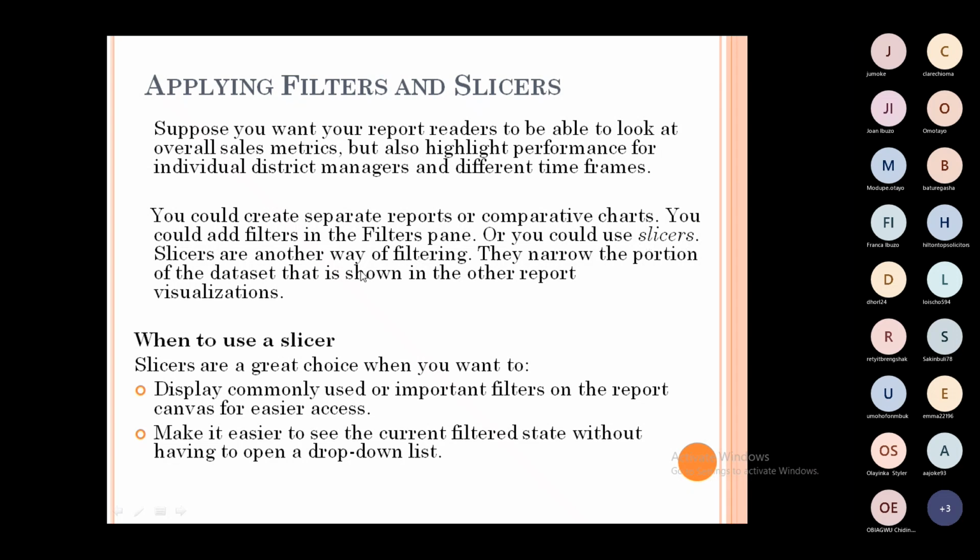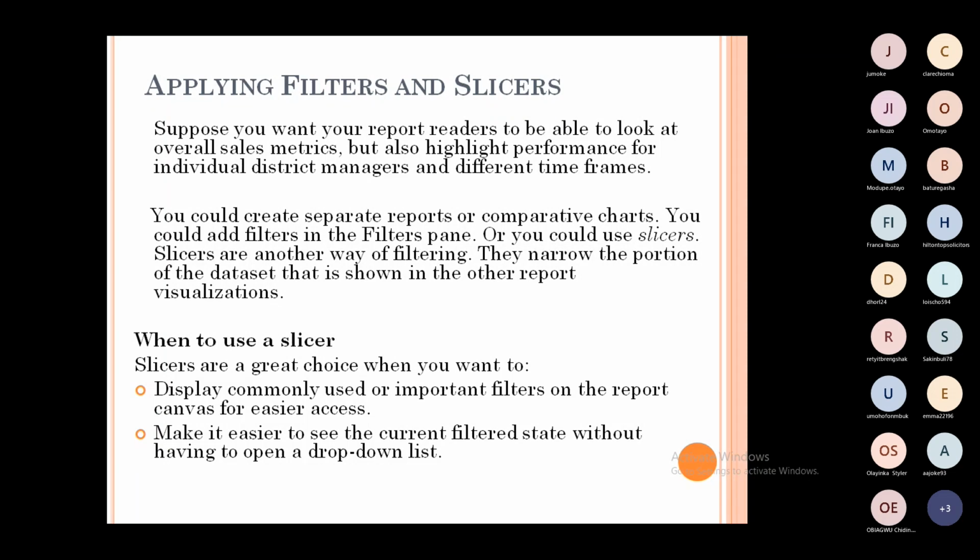You could create separate reports or comparative charts. You could also add filters in the filters pane, or you could use slicers. Slicers are another way of filtering. They narrow the portion of the data set that is shown in the other reports, visualization.